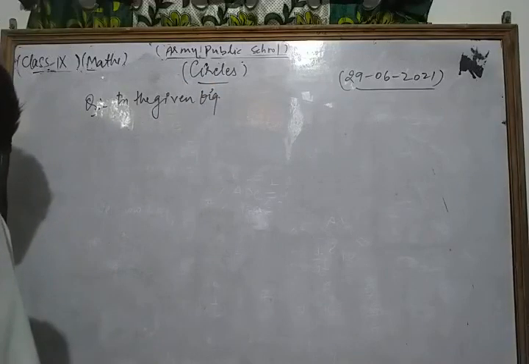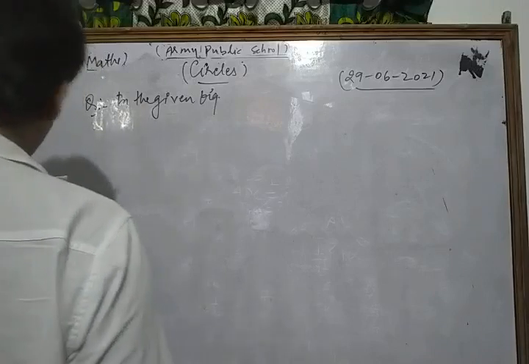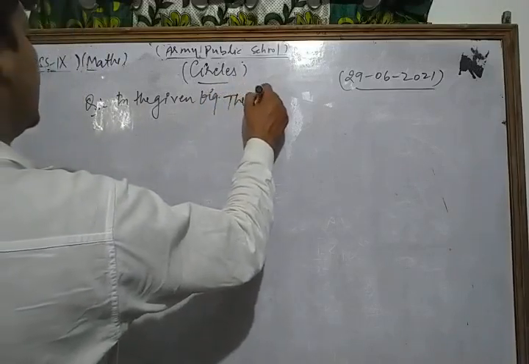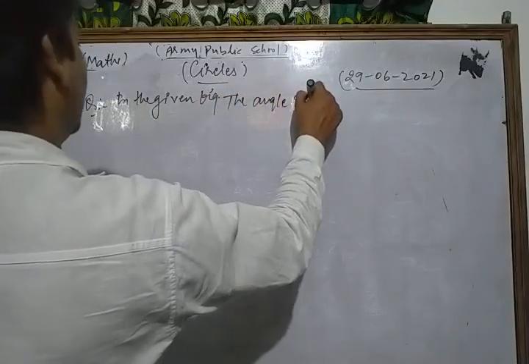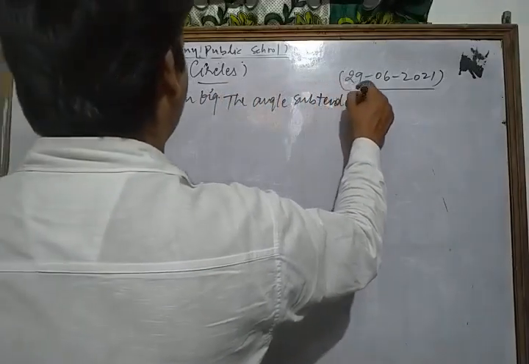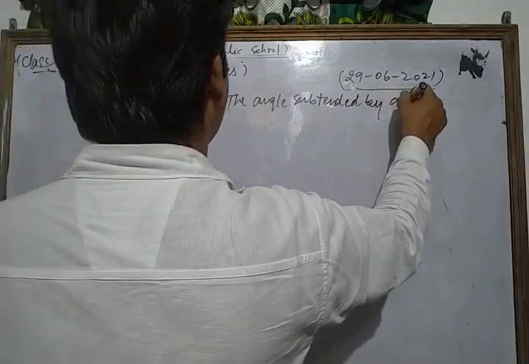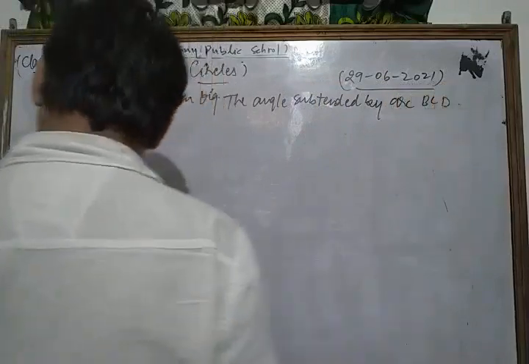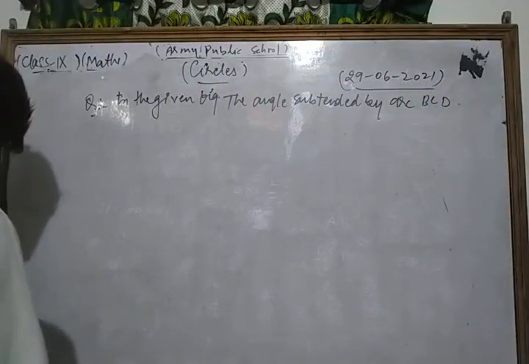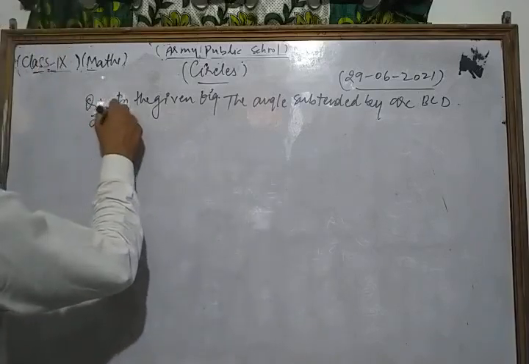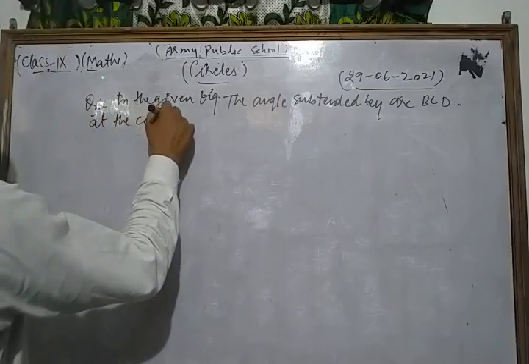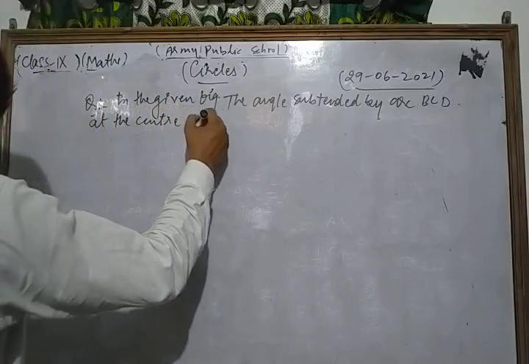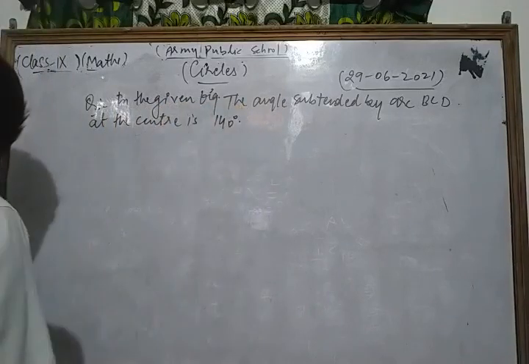the angle subtended by arc BCD at the center is 140 degrees.